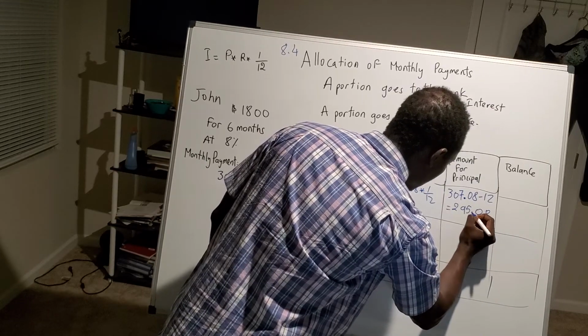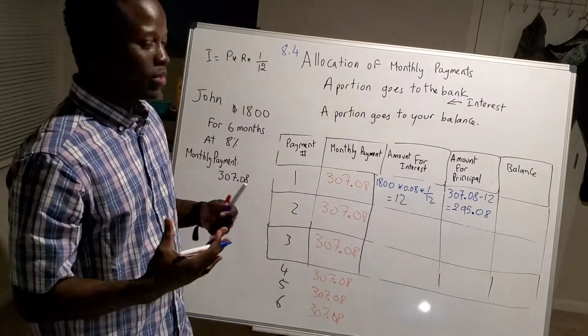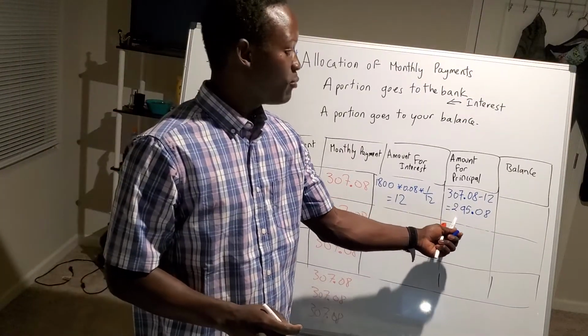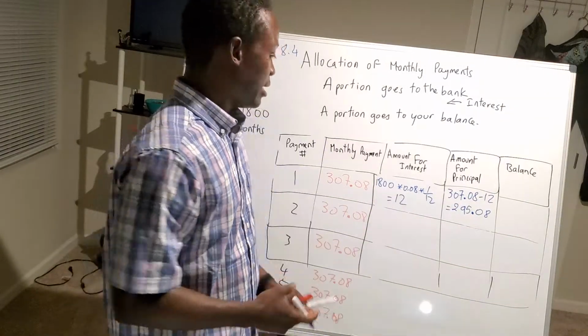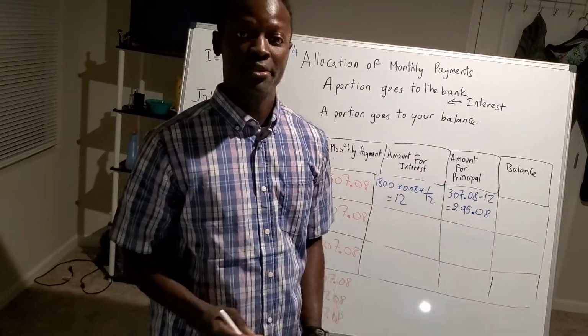All right, so what does this mean? This means that this 295 will affect my balance. Even though I'm paying this 307, this 295 is the one that's going to affect my balance.